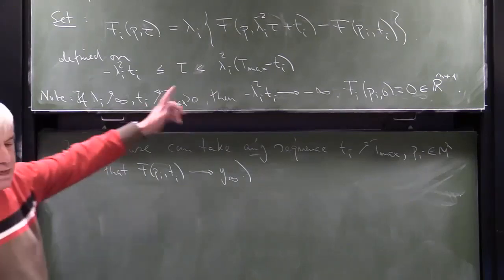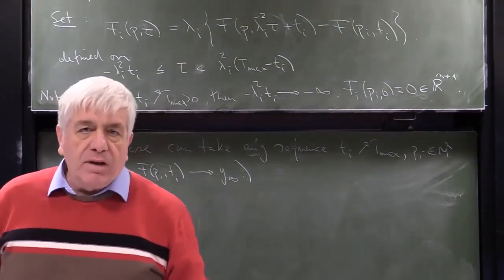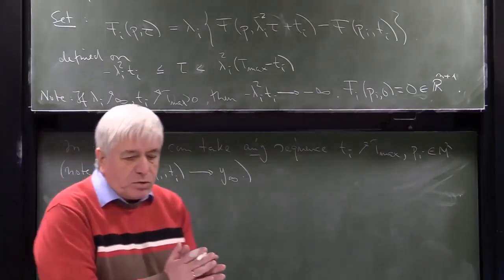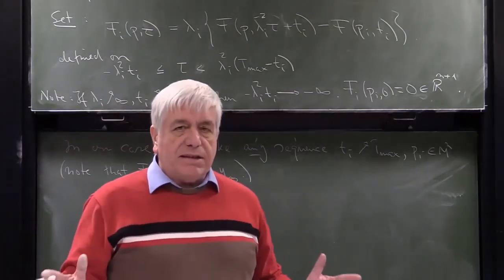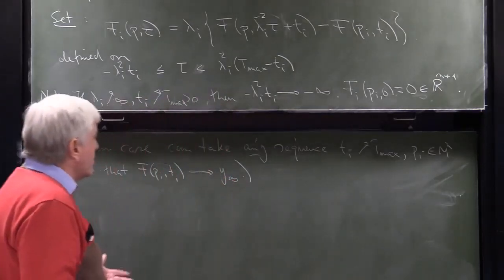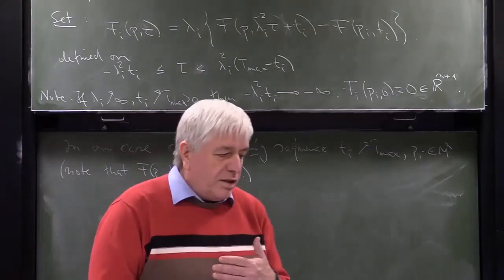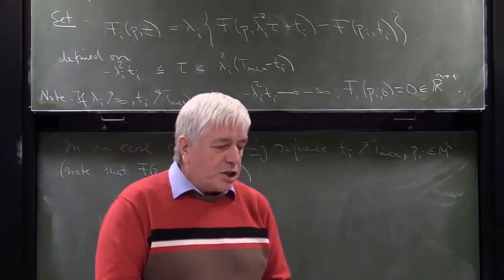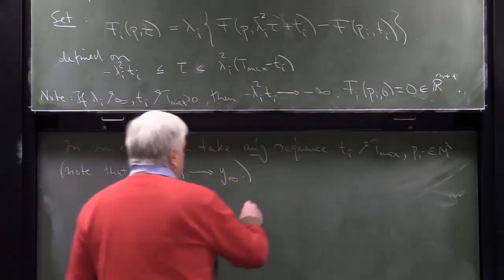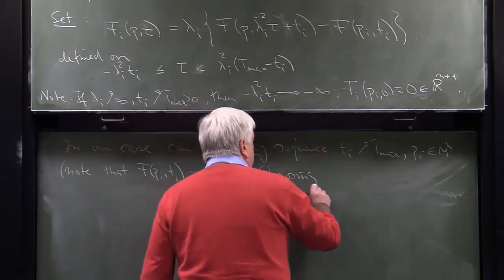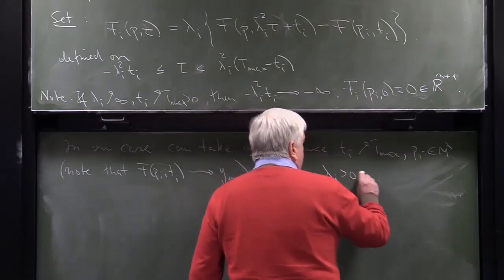But the lambda_i we have to choose in a clever way. Now the lambda_i is the way you rescale. We want to rescale in such a way that we see something. So we rescale by the curvature in order to make the curvature bounded. So choosing lambda_i is crucial.